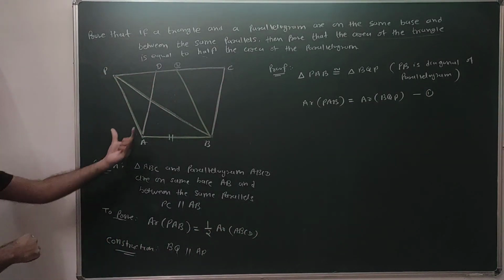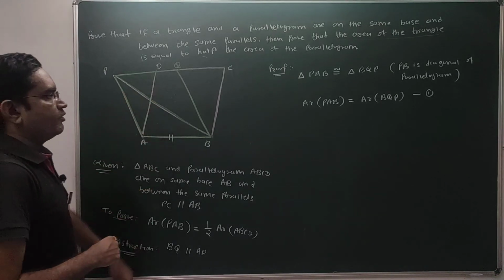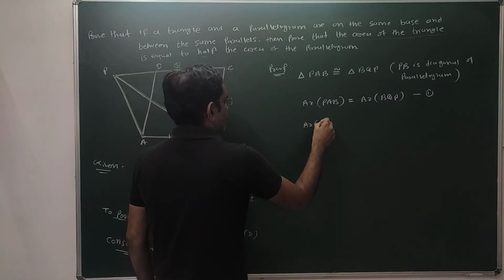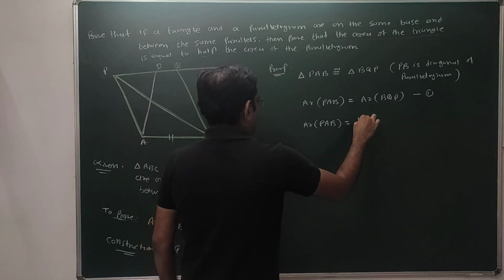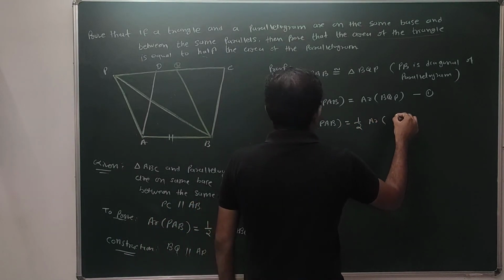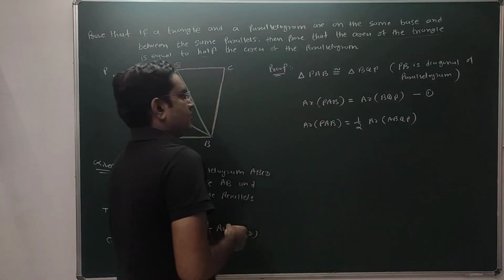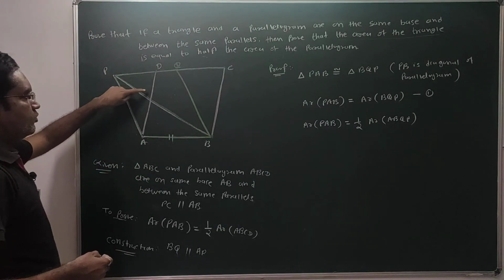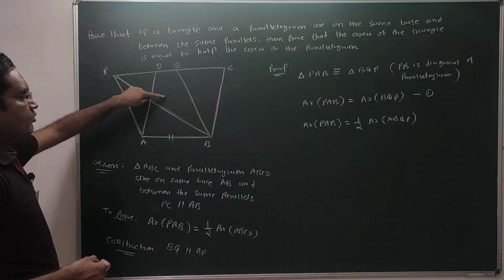Done? And these two triangles are congruent, so we can compare the area of one triangle with the parallelogram, and therefore we can say that the area of triangle PAB is equal to half of the area of parallelogram ABQP, because the area of this parallelogram ABQP is the sum of the areas of these two triangles, and the areas of these two triangles are equal.